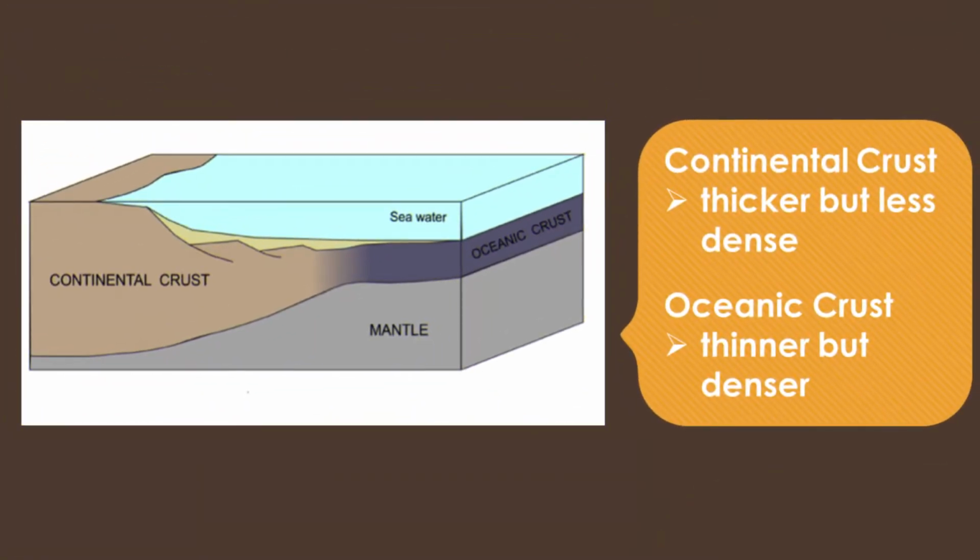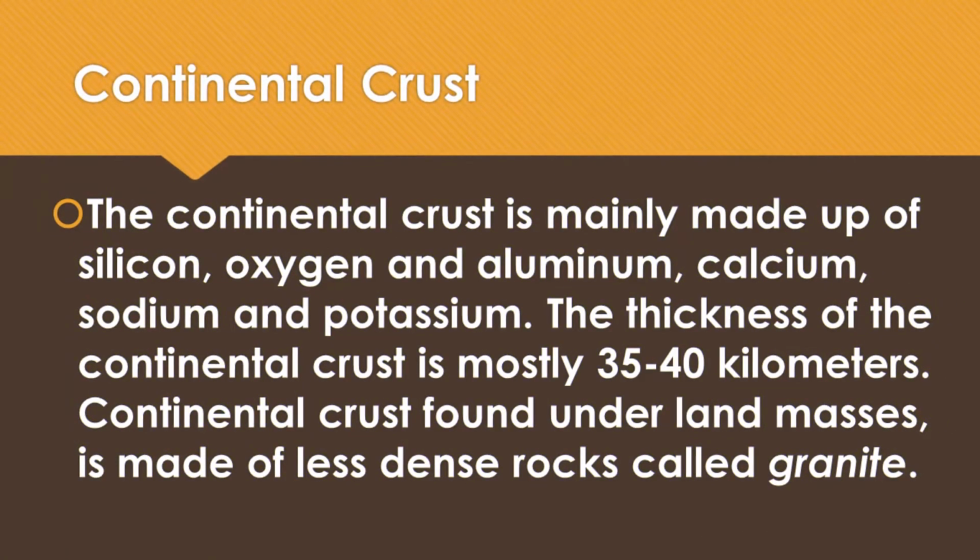In the picture, we can see that the continental crust is thicker but less dense, while the oceanic crust is thinner but denser. The continental crust is mainly made up of silicon, oxygen and aluminum, calcium, sodium and potassium. The thickness of the continental crust is mostly 35 to 40 kilometers.